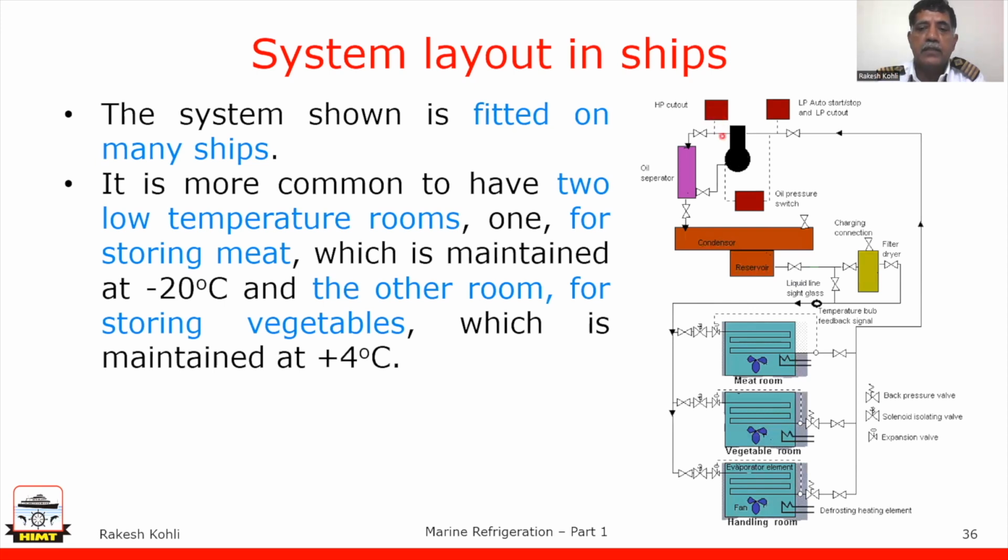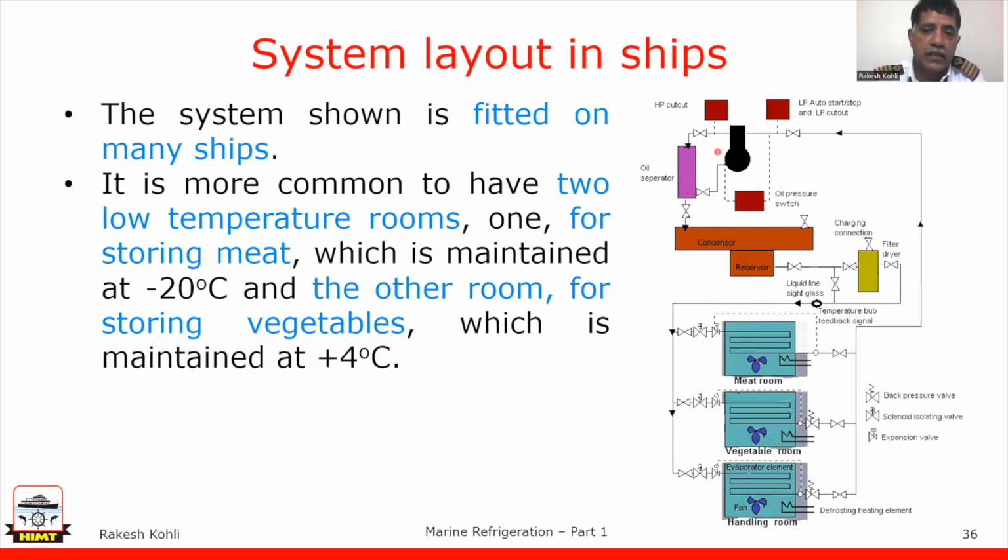After the discharge valve, we have an oil separator. The oil separator is mostly applicable for large compressors and where the oil is not miscible with the refrigerant. If the oil is miscible, it will pass through the whole circuit and come back to the suction side after the circuit.